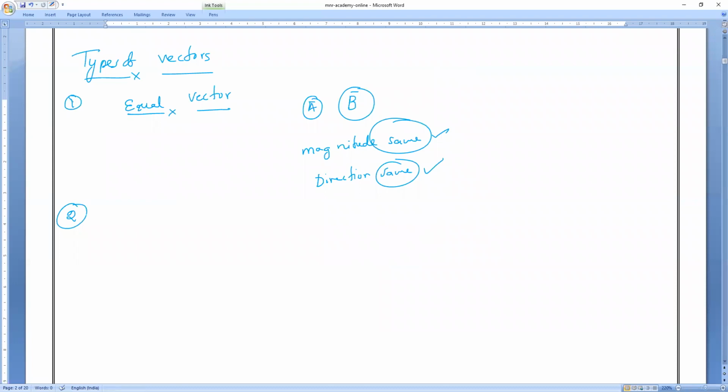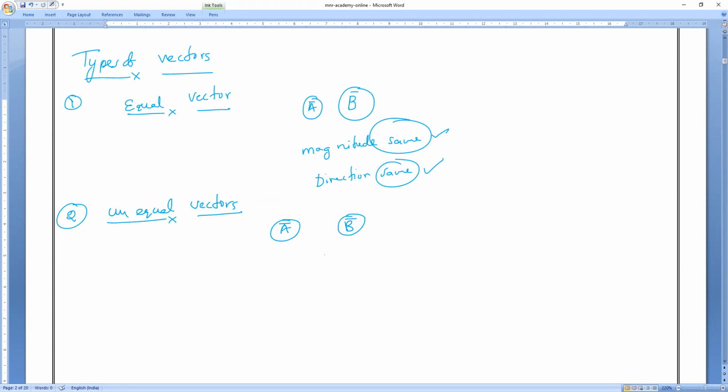Yes. Next, unequal vectors. Let us discuss the meaning of unequal vector. I have given one vector A and another vector B, with a line above indicating vector.